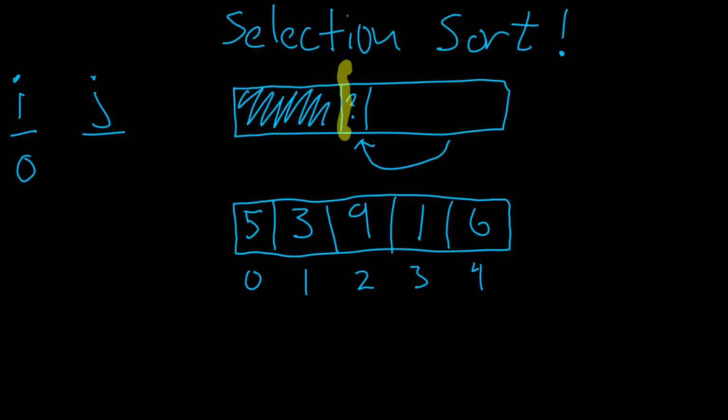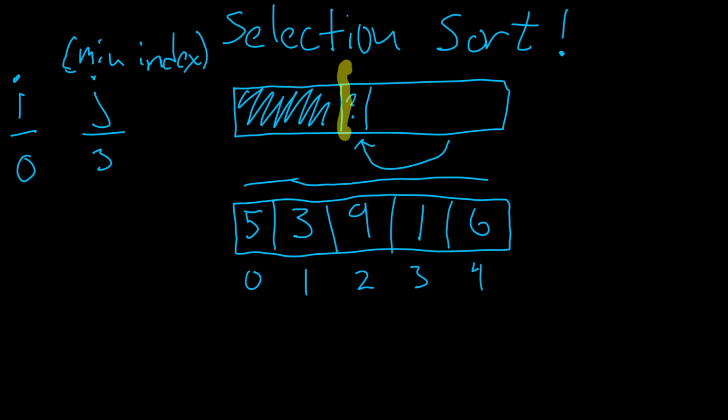Now we're assuming none of the array is sorted. So selection sort is going to run down the rest of this array, up to and including the current value, and find the minimum. So it finds the index of the minimum value, then swaps it with the current spot. So j is the min index.